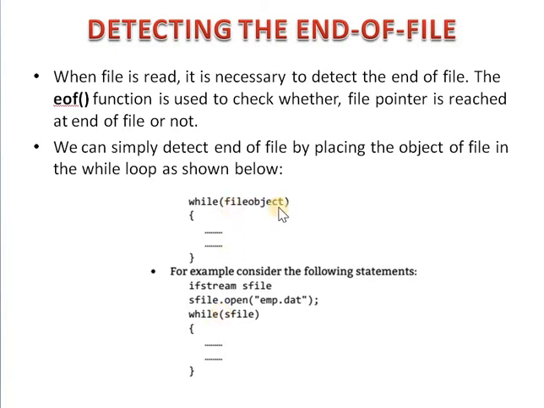Here a file object is passed to the while loop. By passing the object to that while loop, we are detecting the end of that particular file.